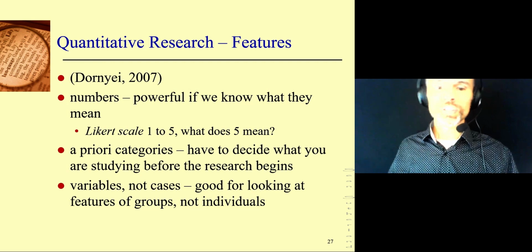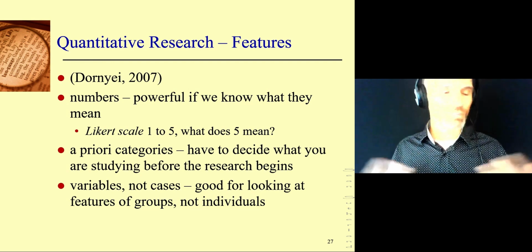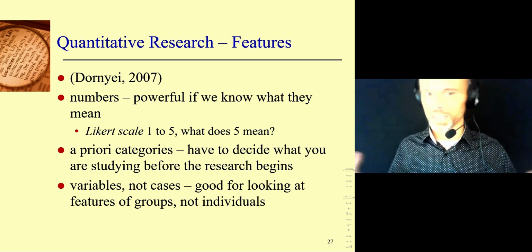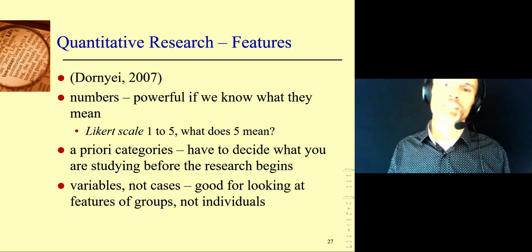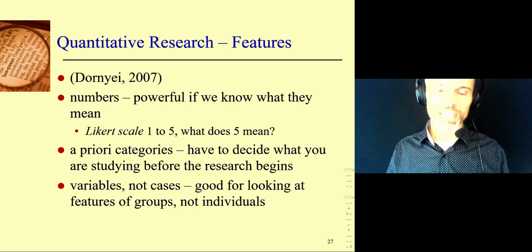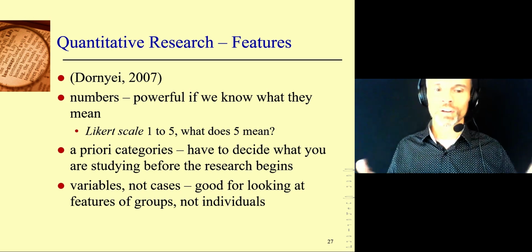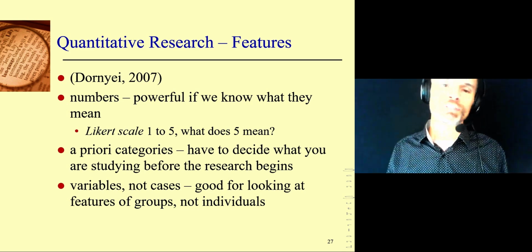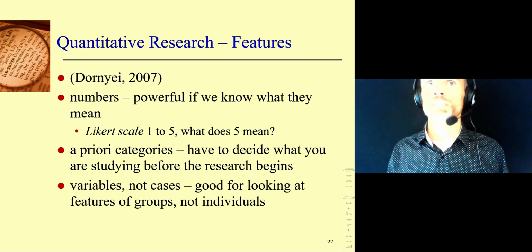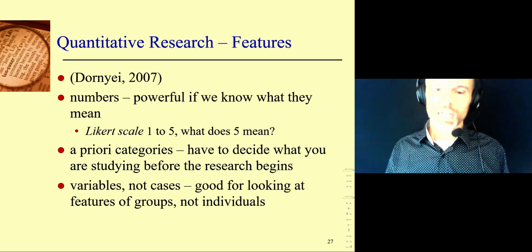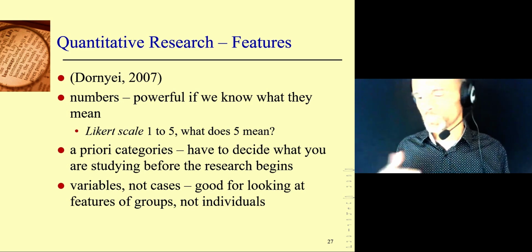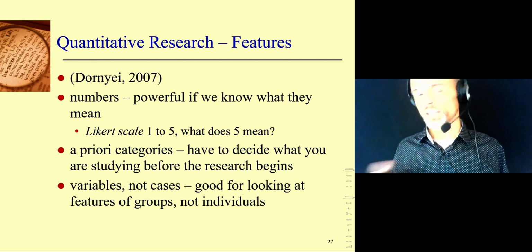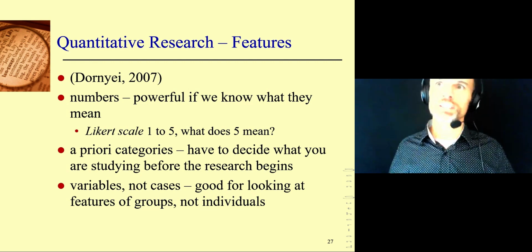Quantitative research is good for looking at groups, right? Groups of men, groups of women in the case of the University of Arizona study. But it doesn't tell us much about individuals, right? You cannot know, if you took those 186 men who spoke on average 15,669 words per day, you cannot make any prediction about what any one of those men does because you saw the huge standard deviation.